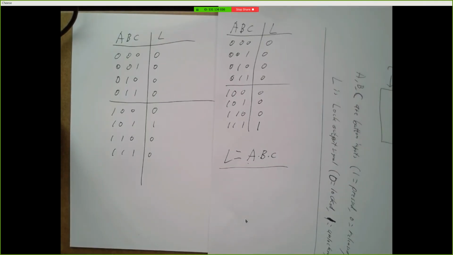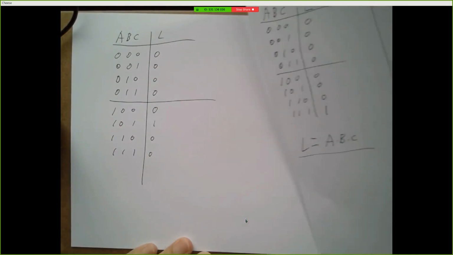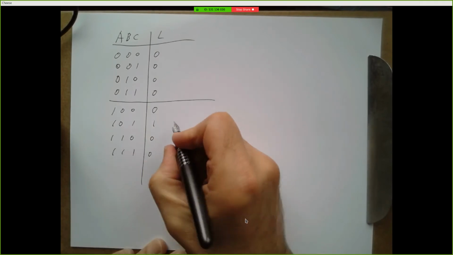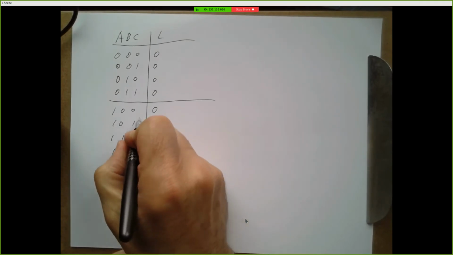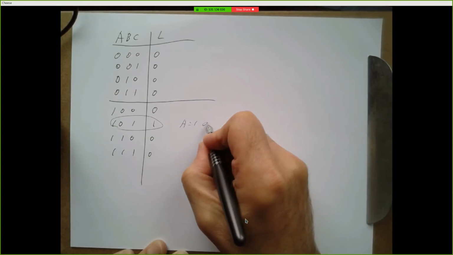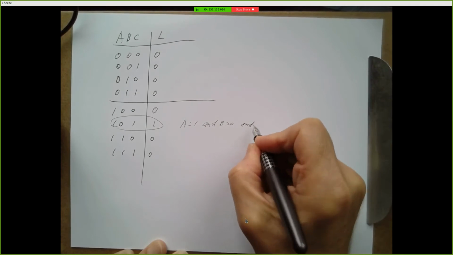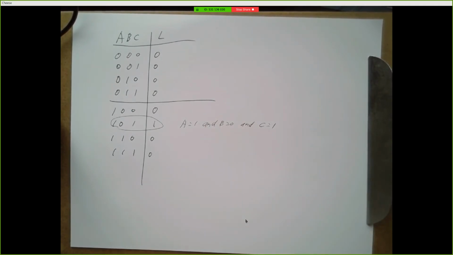Well, we've got something almost as simple as that. We still have 7 zeros and a single 1, but look where this 1 is. It's sitting here on the 6th row. And in this row, what's the case? A equals 1 and B equals 0 and C equals 1.